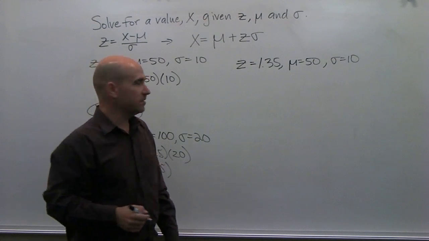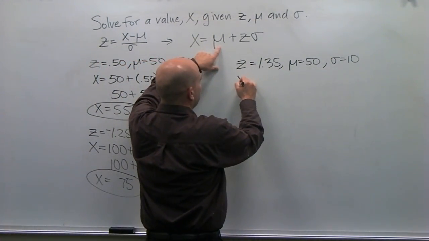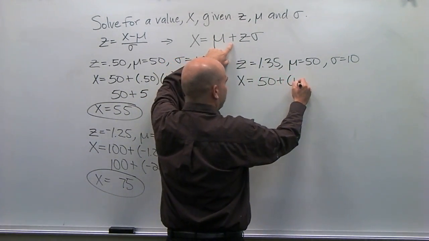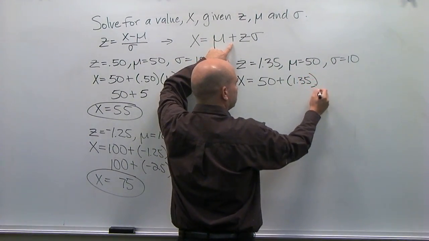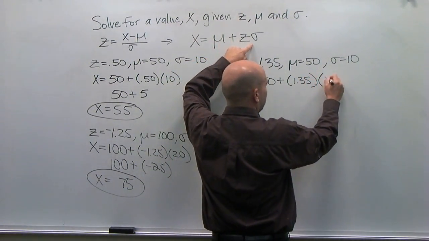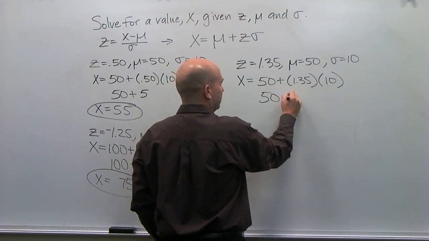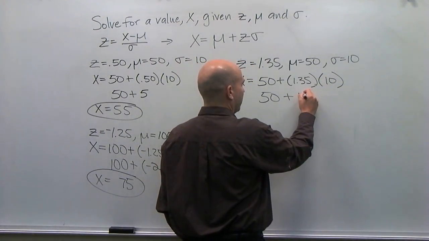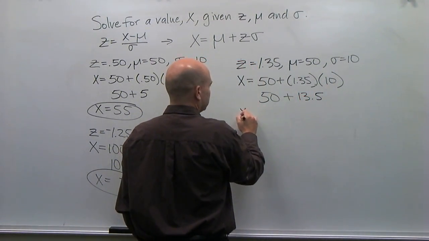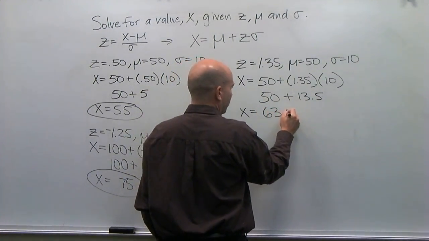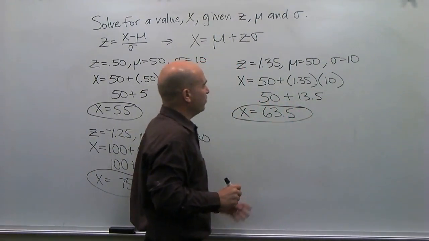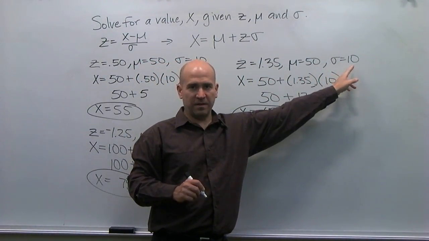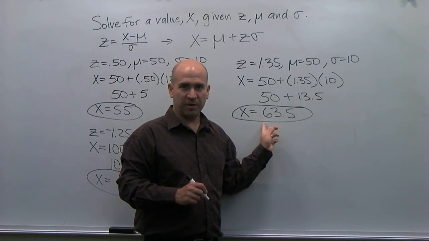Once again, solving for x, we see x is equal to the mean of 50 plus a z of 1.35 times a sigma of 10, or 50 plus 1.35 times 10, which is 13.5, or an x of 63.5. So when we have a z of 1.35, a mean of 50, and a standard deviation of 10, that gives us an x of 63.5.